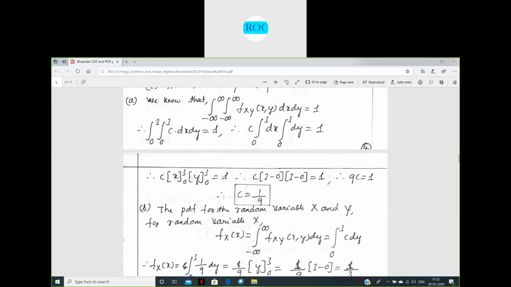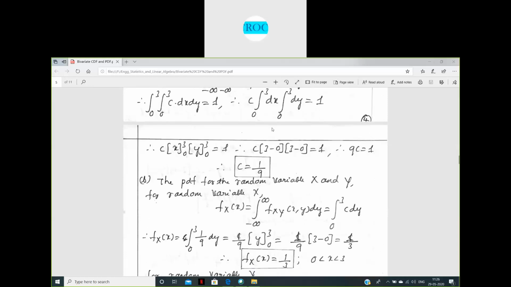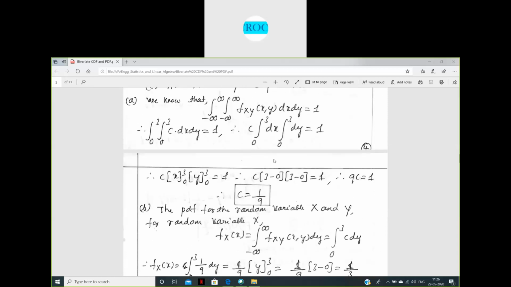Since c is a constant, take it outside the integration. Then we have the integral from 0 to 3 of dx and 0 to 3 of dy. When I do the integration, the limits give 3 times 3, which is 9, so 9c is equal to 1, and c is equal to 1 by 9.